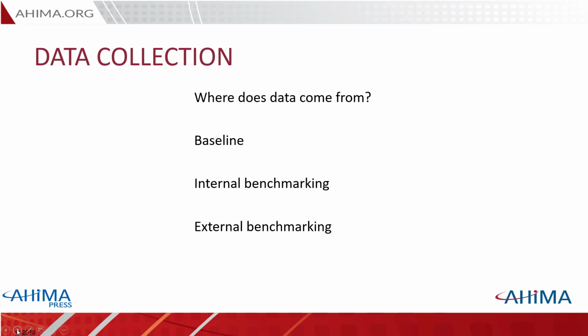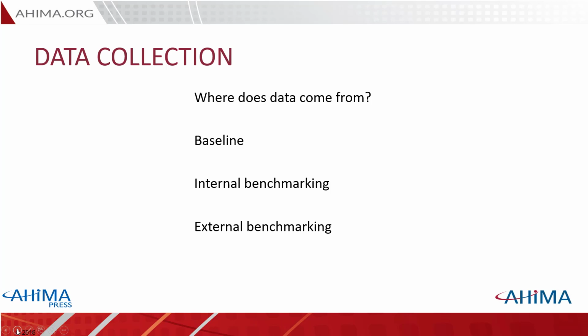So data is used to establish a baseline, which provides a point of reference when we're making comparisons. We have to have something to compare things to, so that's called the baseline. And the baseline is established by averaging all the data collected on a specific area of interest. So that's how you get things like averages.